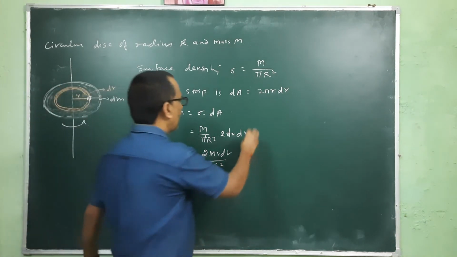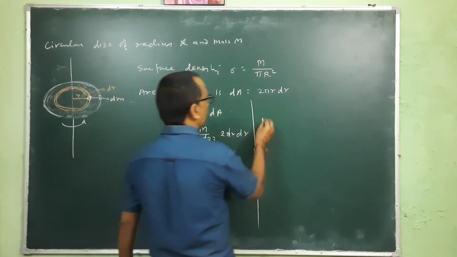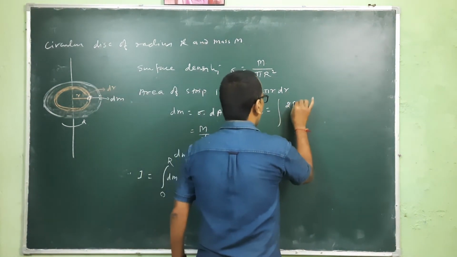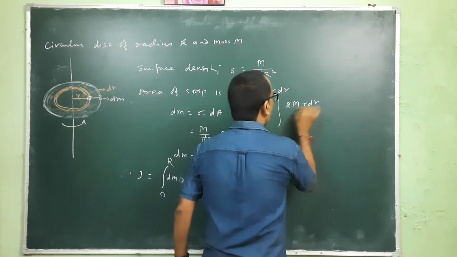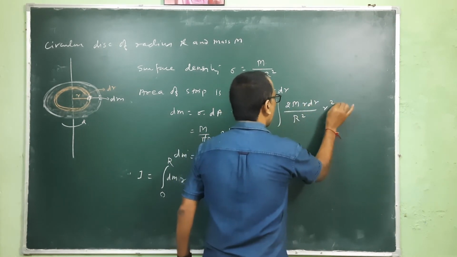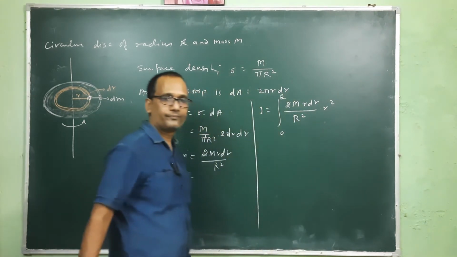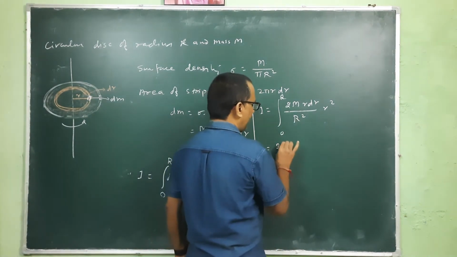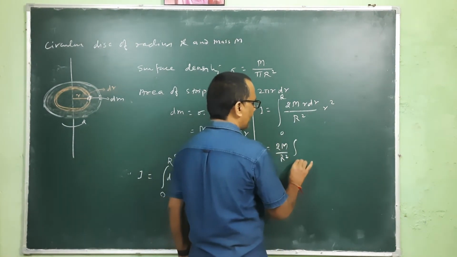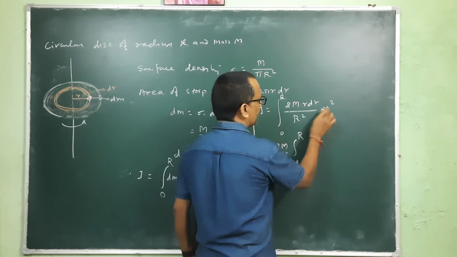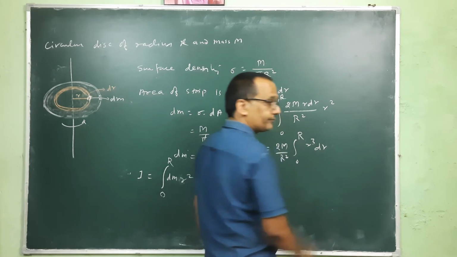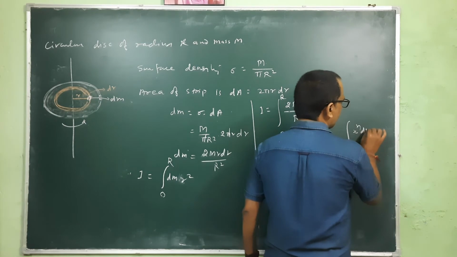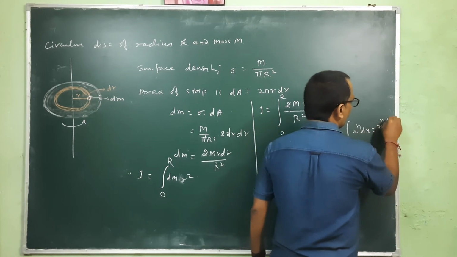Now let's perform this integration. dm is 2M r dr by R square, multiplied by r square, from 0 to R. The constant value is 2M by R square, and the integrand is r cube dr. Again I will use the formula: integral of x to the power n dx equals x to the power n plus 1 by n plus 1.